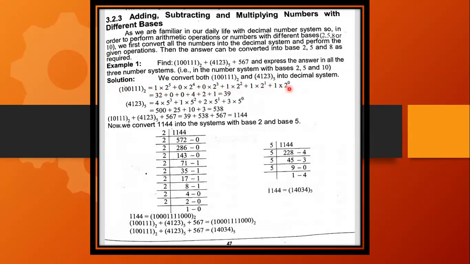The thing that I have told you is that from the right-hand side, with the base, we will start putting the exponent from 0: 0, 1, 2, 3, 4, 5. That's what I have taught you. And the other thing that we can do is count the numbers: 1, 2, 3, 4, 5 and 6.